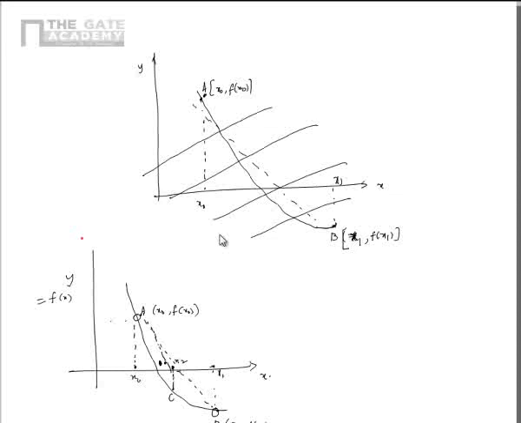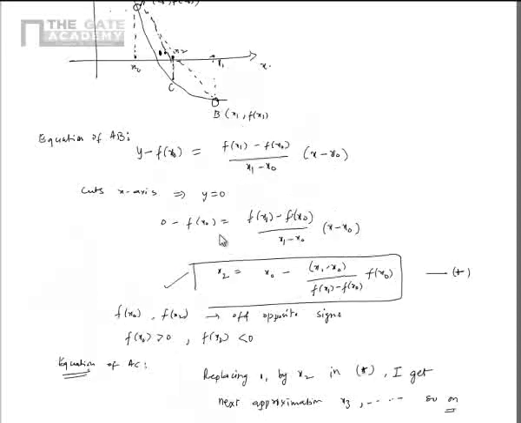Then you reduce the interval and again try the same procedure. So this is just the false position method. Let's now solve one problem to describe this iterative process, and basically we'll be using this equation of line, where x2 is an approximation of the root in the interval x0 and x1.